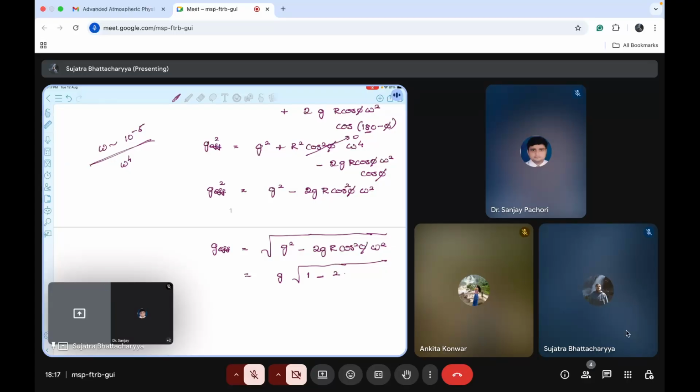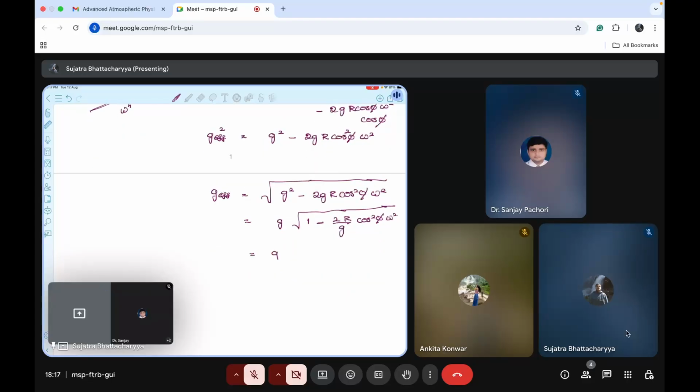So it will be 1 minus 2r by g cos square phi omega square. Correct? So g into 1 minus 2r omega square by g cos square phi, to the power half.